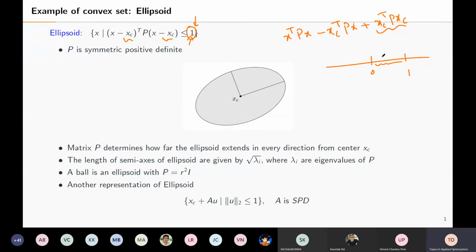Even if x minus xc is not equal to 0, since P is positive definite, this implies x minus xc transpose P x minus xc is greater than or equal to 0. But what we are additionally asking is that it's less than or equal to 1. So it doesn't violate anything yet. So that's fine.